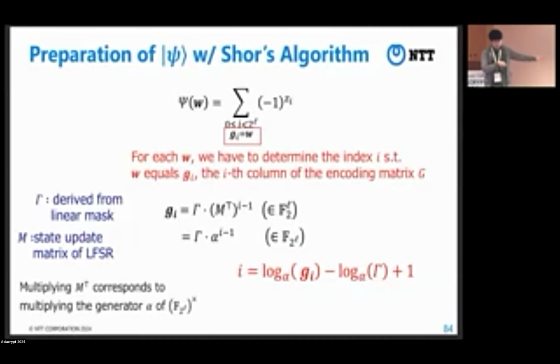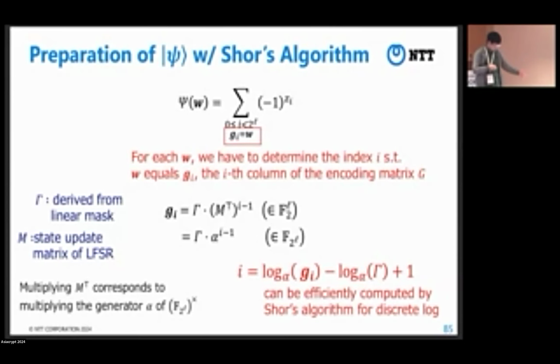And by using this, we can conclude that I is equal to this value. This value can be efficiently computed because this is just a discrete log. So we can efficiently compute this by using Shor's algorithm for discrete log. And so we can efficiently compute I, and so we can efficiently compute psi, and so we can finally efficiently prepare the quantum state psi.